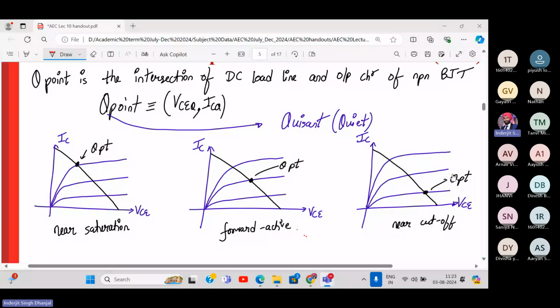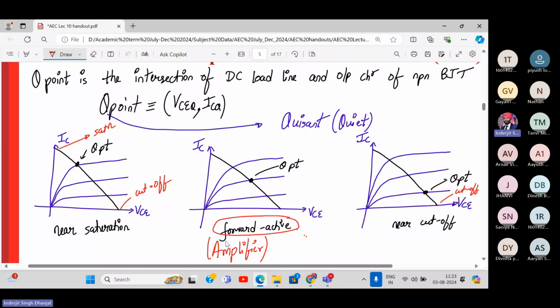All right, let's continue. Forward active region, right? As I've already told you, this will be the saturation point and this will be cutoff. So here it is near the cutoff point. For a BJT to be used as an amplifier, it should operate in the forward active mode only.